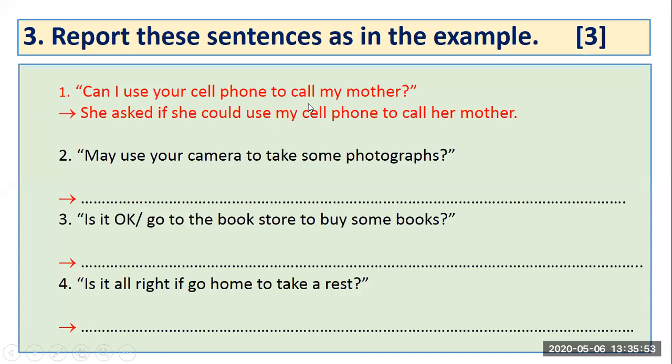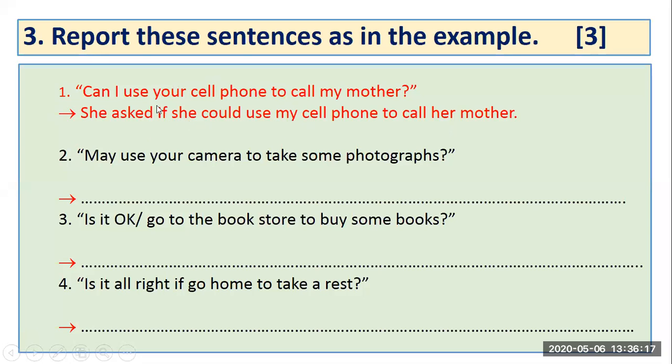because she's asking you now. That's why my cell phone to call her mother. She asked if she could. You can also write she asked me here, right before the word if. Here we are not writing this. You know why? Because it's me, my is already there. The same person is already there.